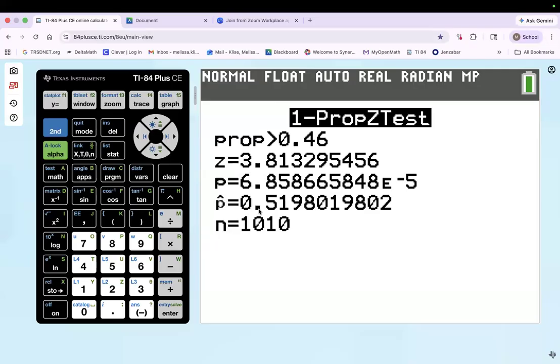You don't have to do both things. Just pick the one you like best. I don't know why I like test statistics and critical values, but most people use p-values. It does not matter. This gives you both the test statistic and the p-value. Compare the two things and give me your answer.